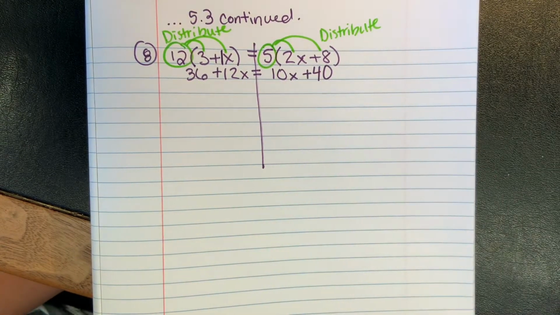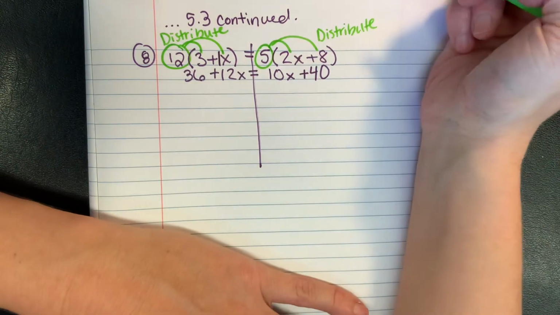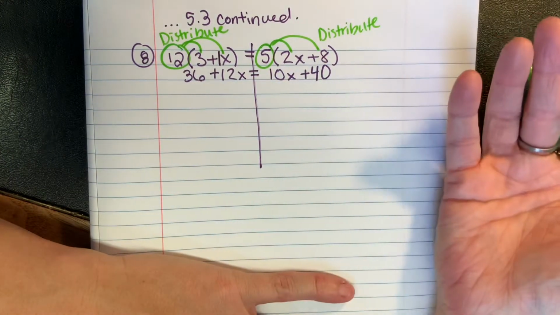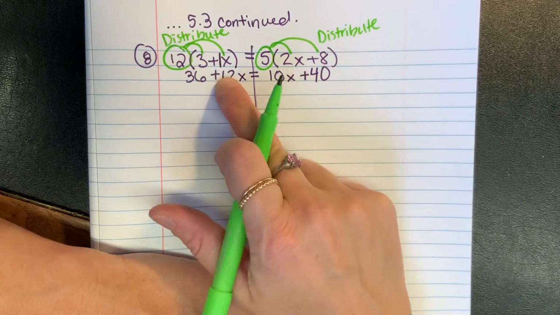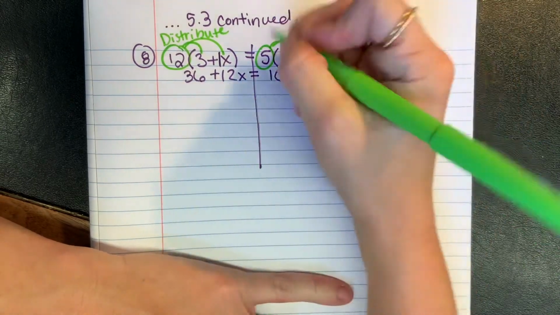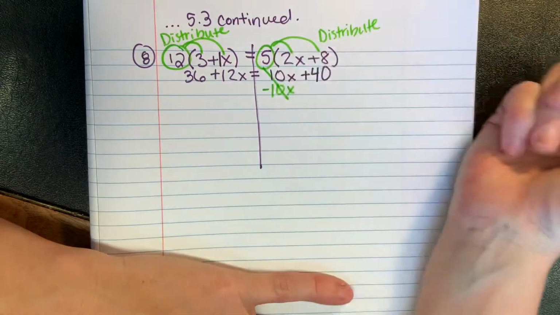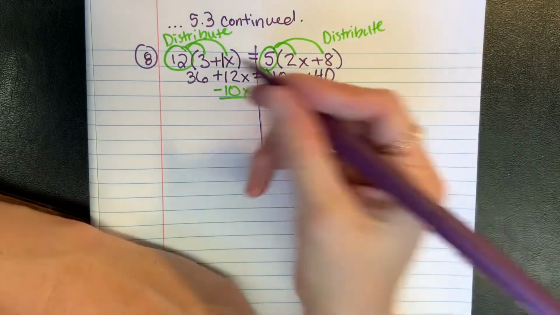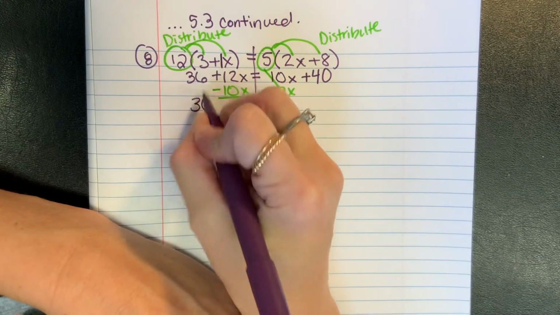So now I can do inverse operation and move terms across the equal sign. Again, I want to deal with a positive 2x instead of a negative 2x to get these x terms together. So I'm going to subtract the 10x off of the right side and over here with the 12x on the left side. Okay, bring down the 36.